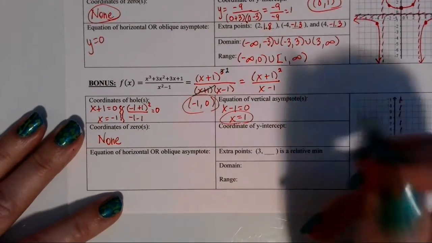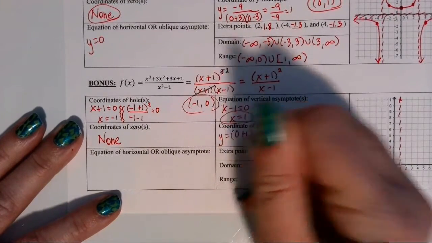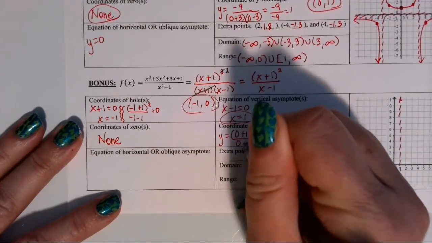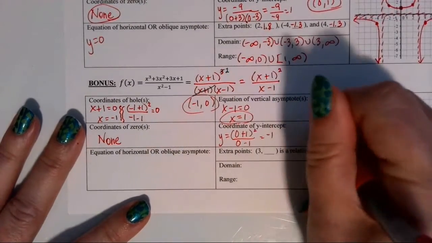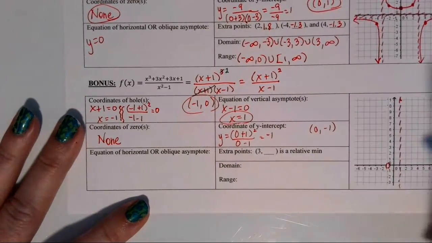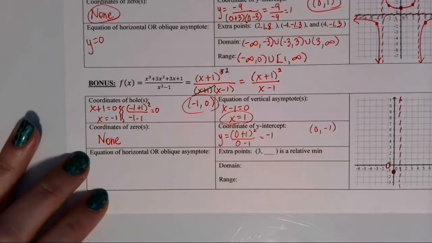Then to find the y-intercept, we put 0 in for x in the simplified form. And so we have 1 over -1 is -1. So 0, -1 is going to be the coordinate of the y-intercept.